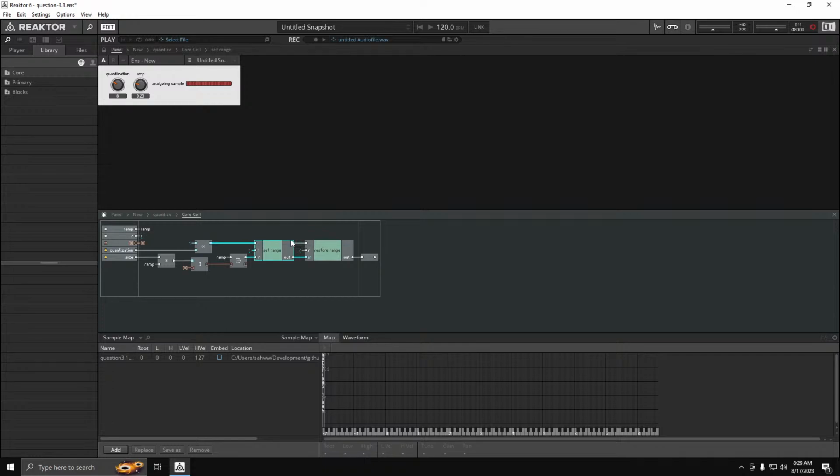To get 256 for 8-bit quantization. If you want 16-bit, it's 2 to the power of 16. So I just put this here, so I don't have to keep doing 2 to the power of whatever.